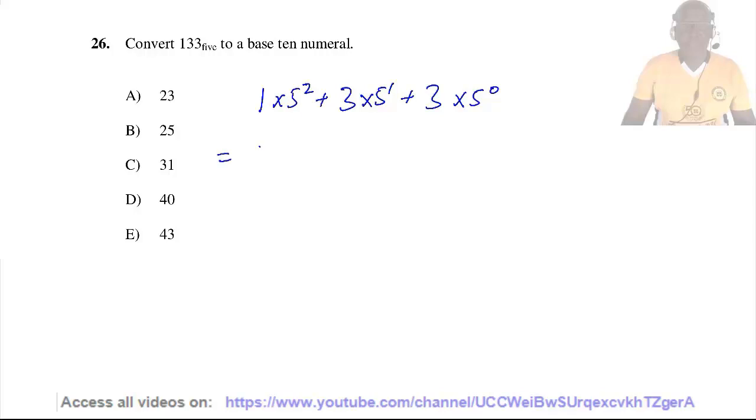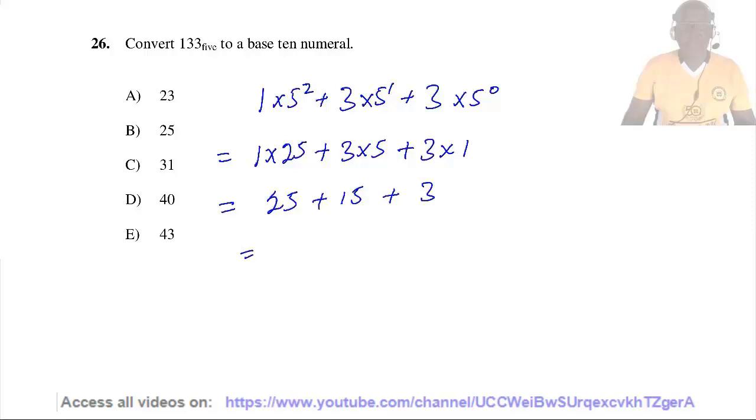This equals 1 times 5 squared, which is 25, plus 3 times 5 raised to the power 1, which is 5, plus 3 times 5 raised to the power 0, which is 1. So 25 plus 15 plus 3, which add up to 43. So the answer is E.